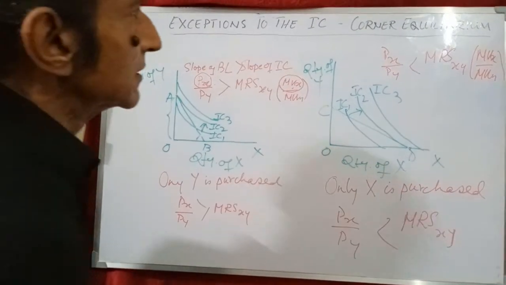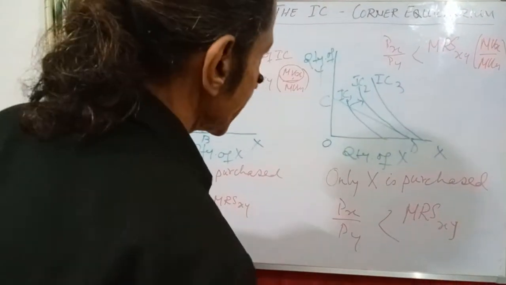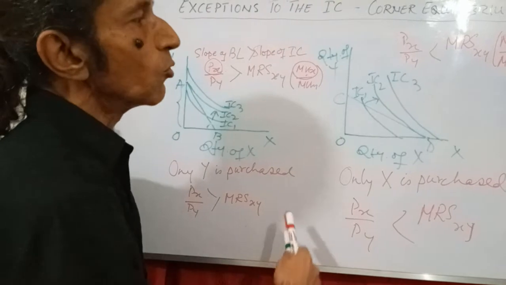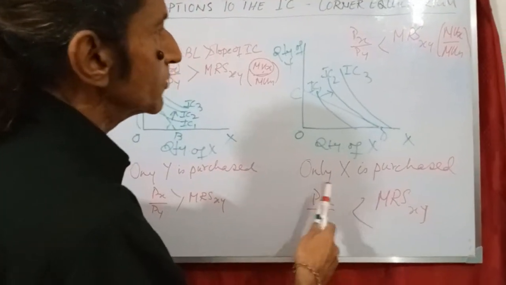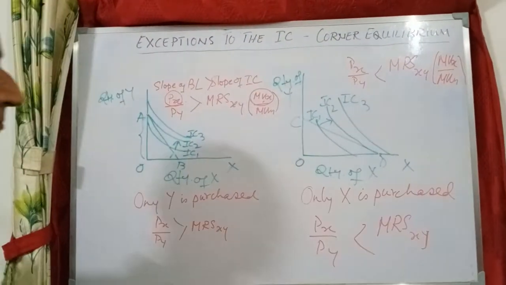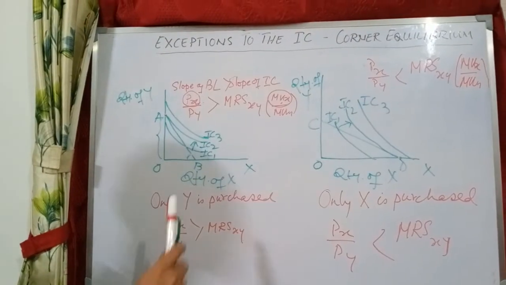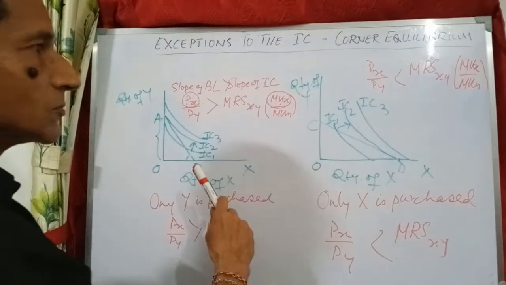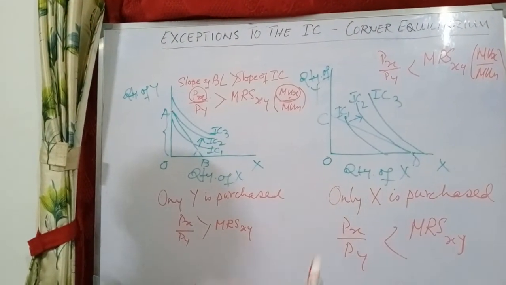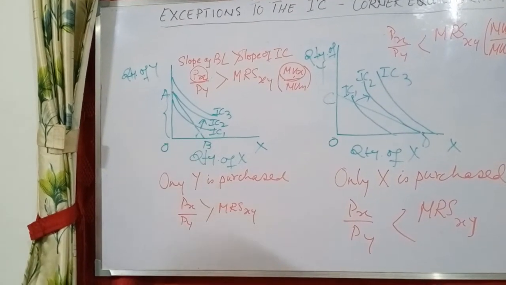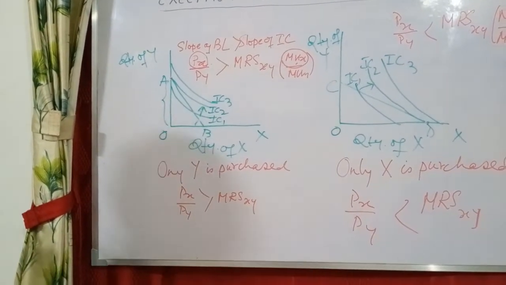The consumer reaches maximum satisfaction by consuming only X and zero of Y. These are the two corner solutions or corner equilibriums with convex indifference curves.